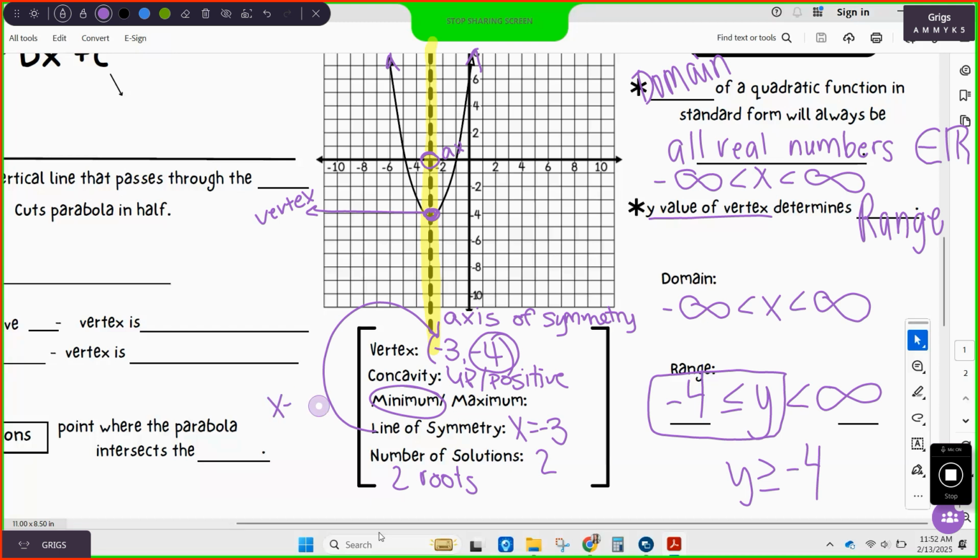You can write this wherever you have room. The x value of the vertex is the line of symmetry. So if I were to give you a vertex, there's a whole lot of information you could find out about it.